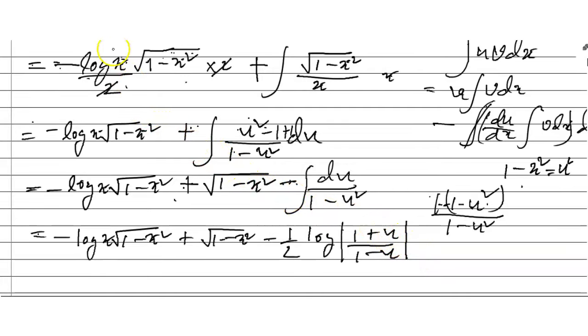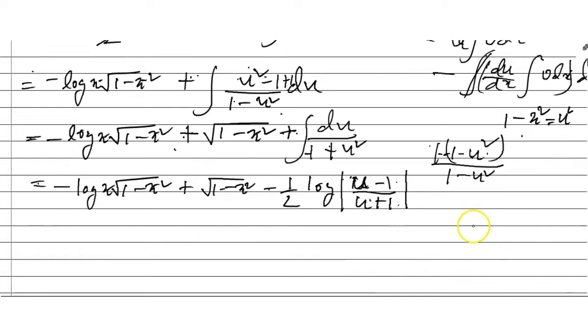It is better this way, otherwise it will be a problem. So I can write it this way, u minus 1 divided by u plus 1.